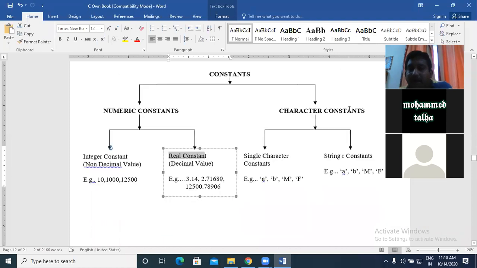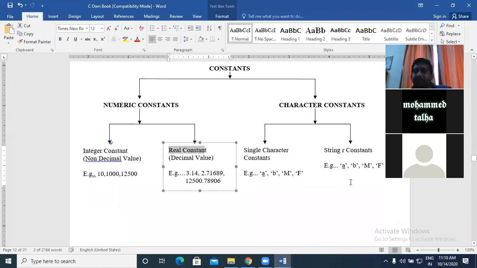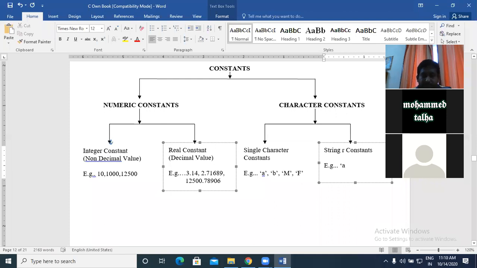In a string, we can use something like our name, for example Abhi, or our surname Patel, which is known as a string constant.